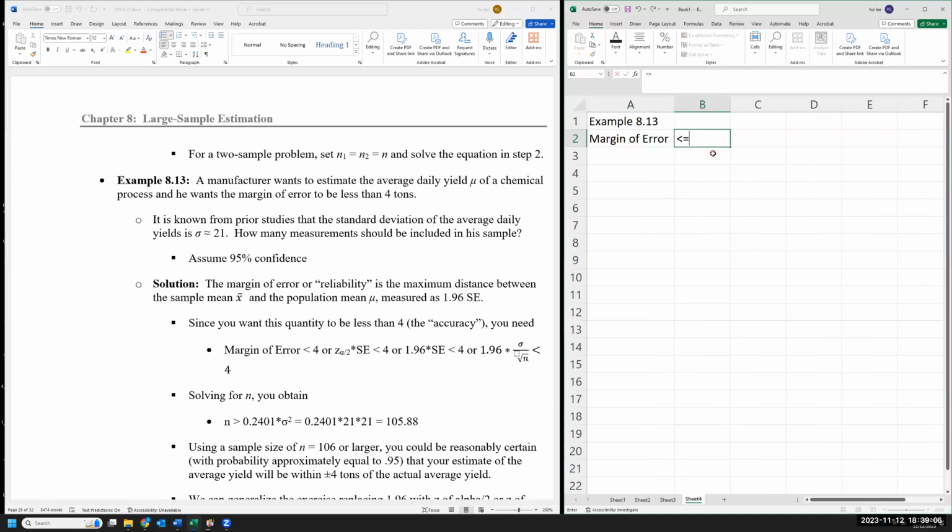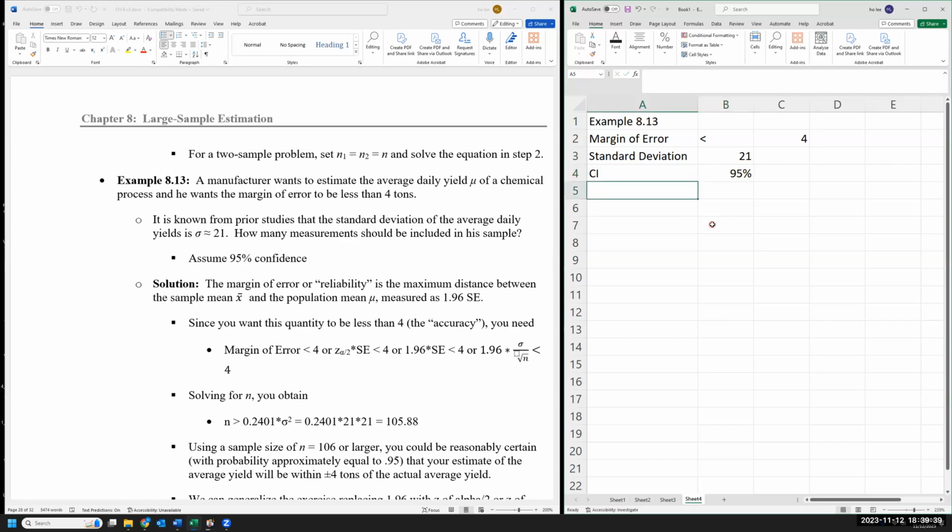It is known from prior studies that the standard deviation is about 21. How many measurements should be included in his sample, assuming a confidence interval of 95%?